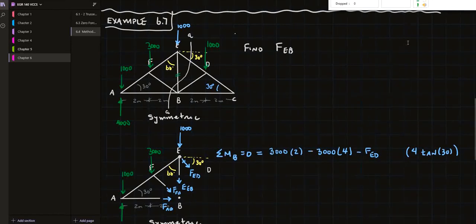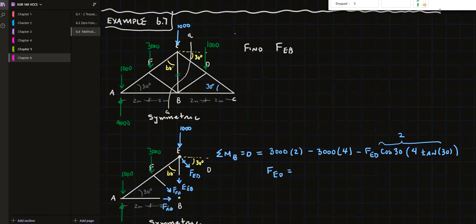I moved this over because the FED is at an angle here, and I need the component that is here. So this is actually cosine of 30 times the tangent of 30, which is going to be 4 times the sine of 30. So this is just going to turn into 1/2 of 4, or 2.